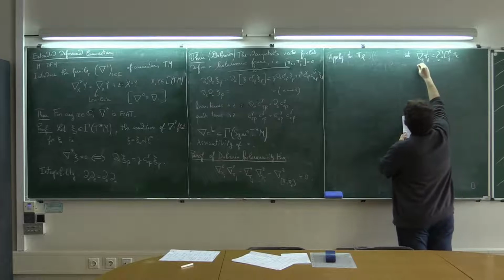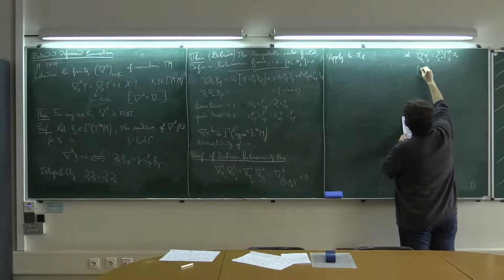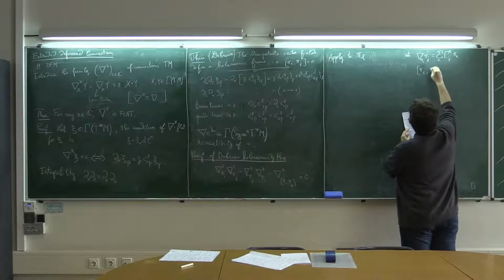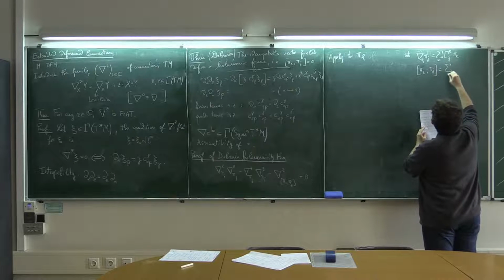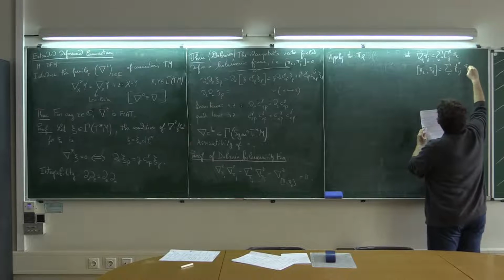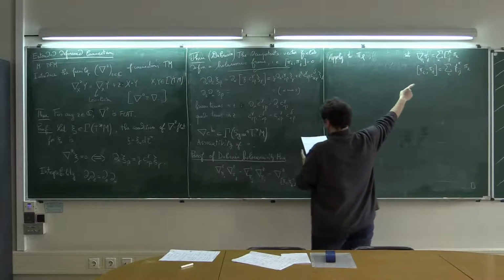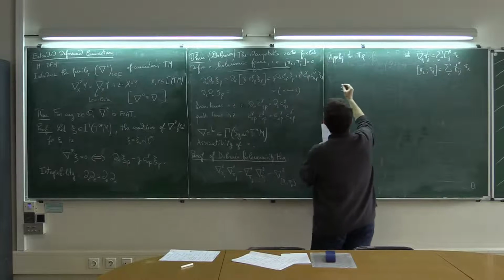And I will also introduce structure constants for the commutator, f_ijk. So using this notation, if I apply this operator to pi l, I obtain the following.